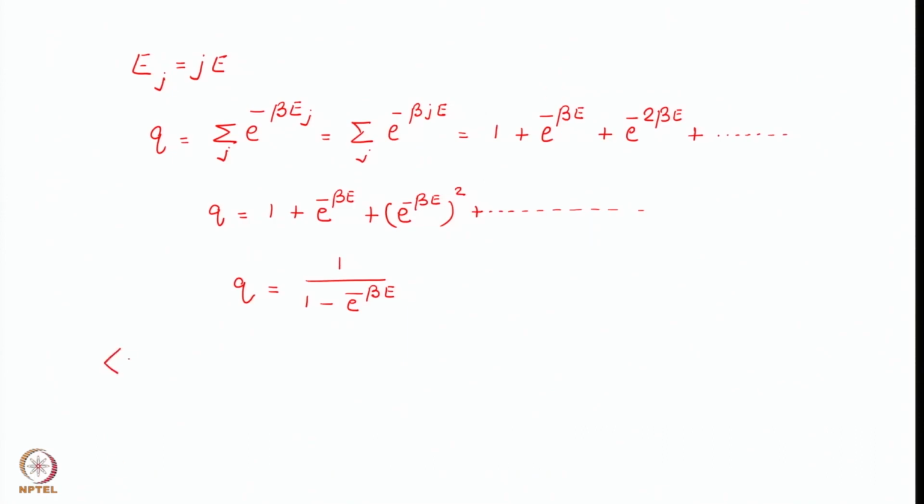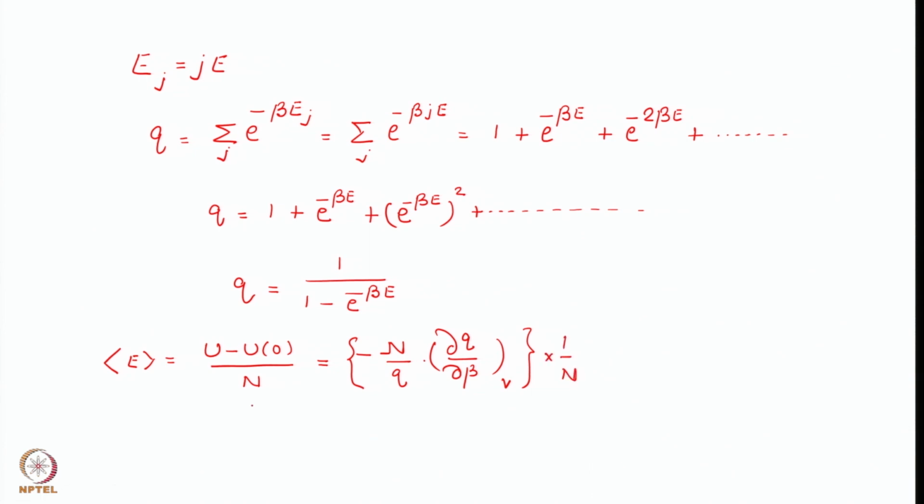Mean energy per molecule will be equal to U minus U0 by N, and U minus U0 is equal to minus N by Q del Q del beta at constant volume.